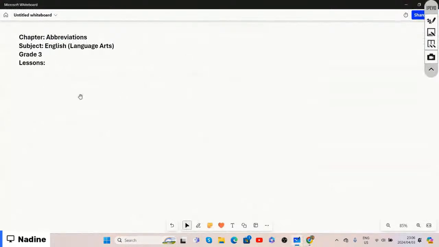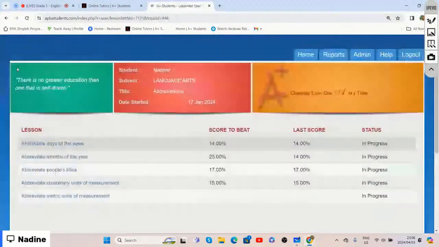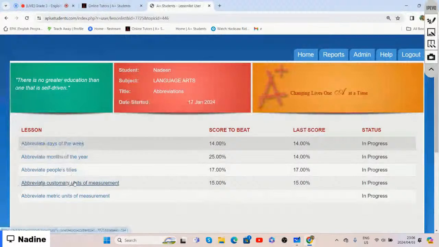Our subject is English Language Arts, grade 3, and the lessons we are focusing on today are to abbreviate customary units of measurement, as well as to abbreviate metric units of measurement. Whenever you measure something, instead of saying the full word, you are shortening that specific word, and that is either customary units of measurement or metric units of measurement.